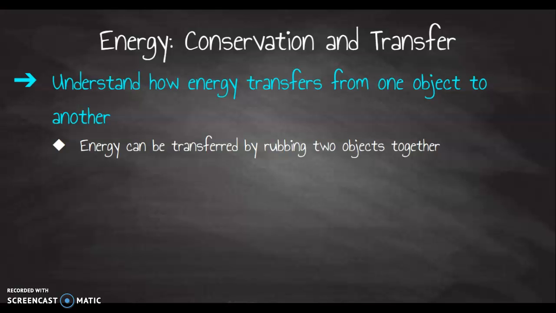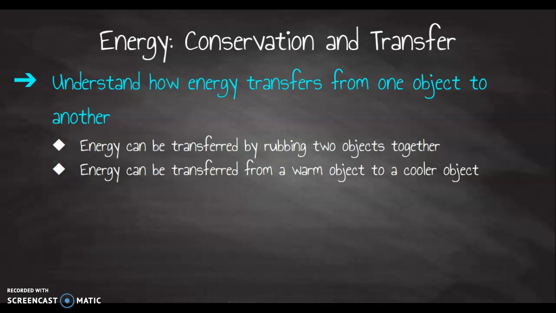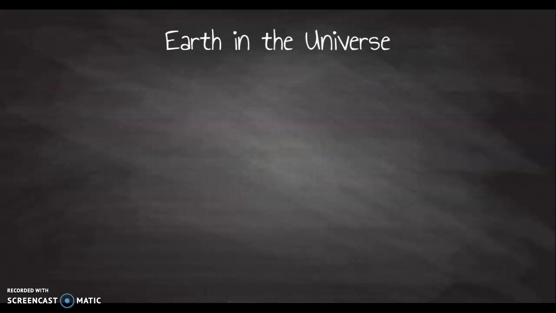So with this, students will be understanding that energy can be transferred by rubbing 2 objects together, and that energy can be transferred from a warm object to a cooler object. So those will be the key components for energy, conservation, and transfer, and that will be the 2 units that will be taught together in the first 9 weeks for science.